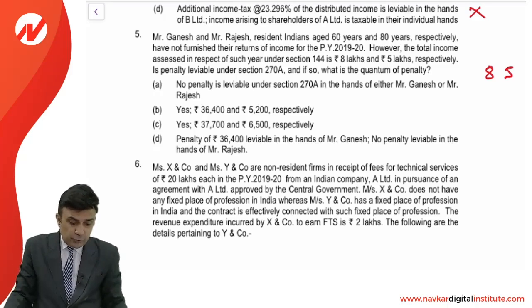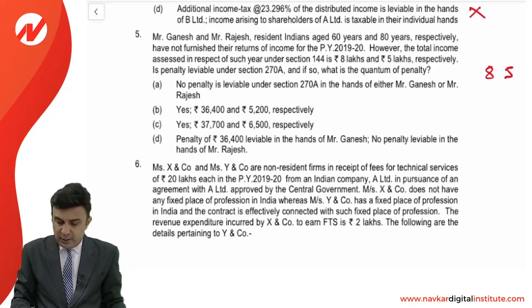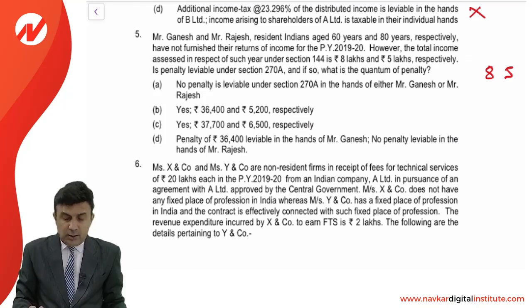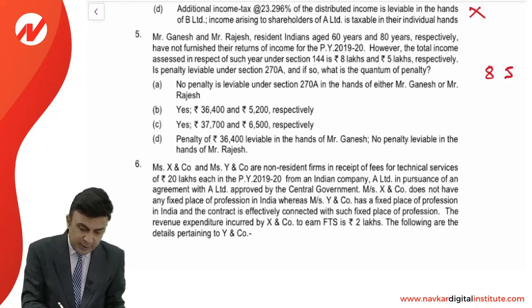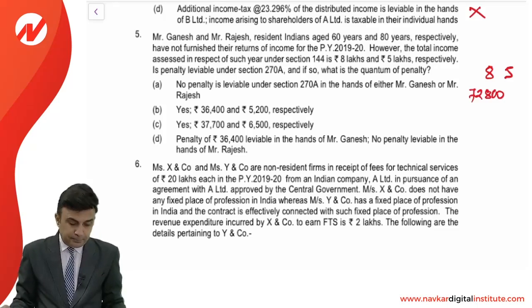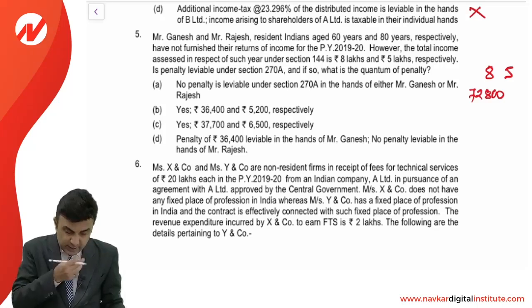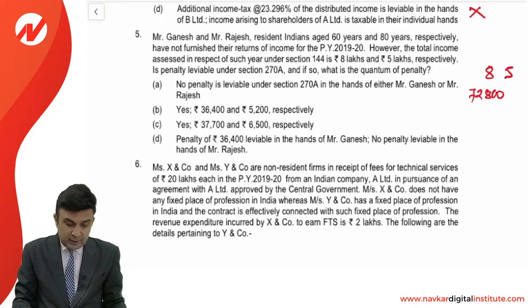For the assessee who is of the age of 60 years, that is Mr. Ganesh, on 8 lakh, your tax payable is going to be, friends, can I say 70,000 multiplied by 1.04, that would be apparently 72,800.